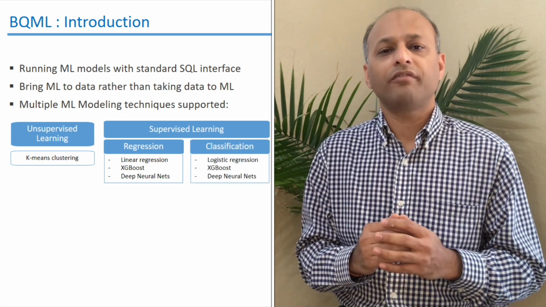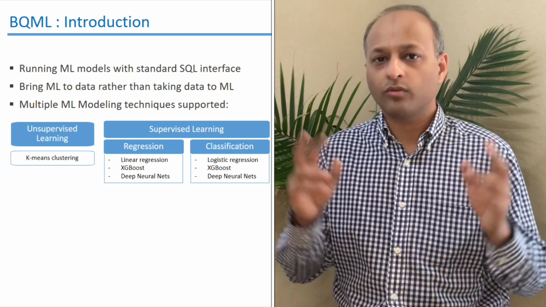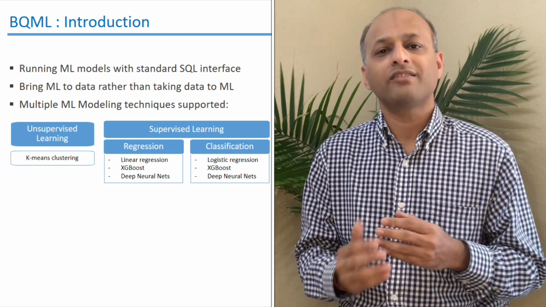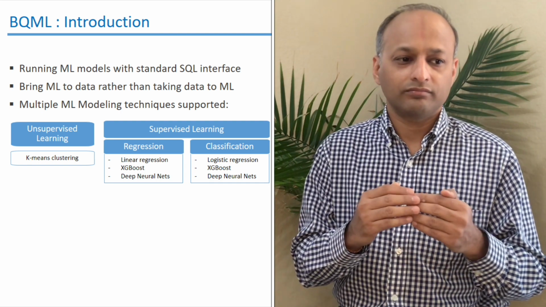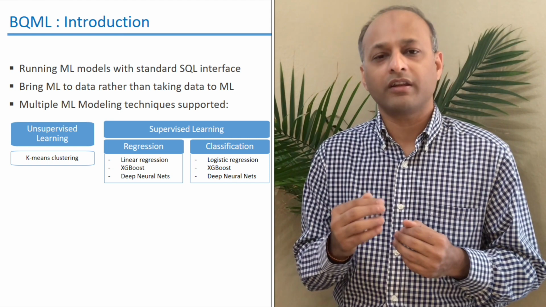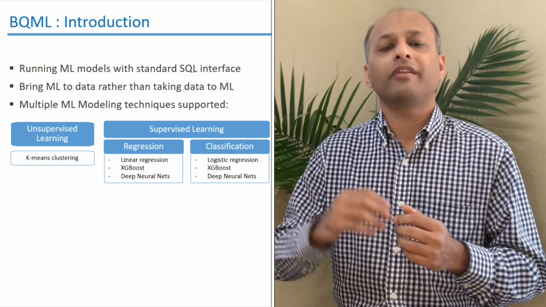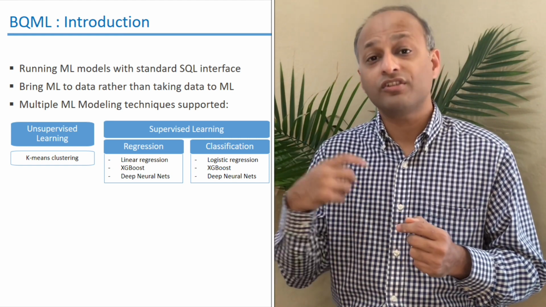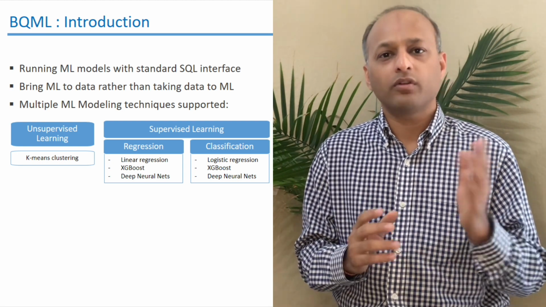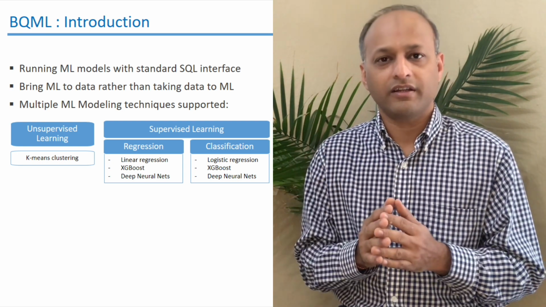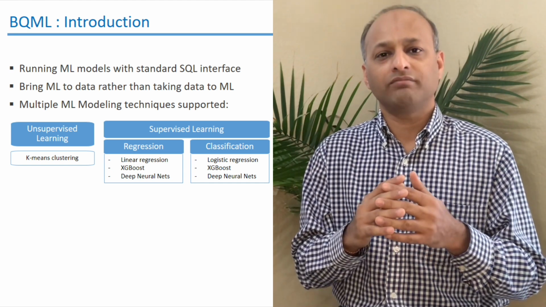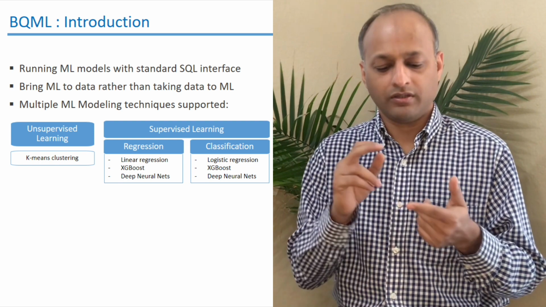Similarly, if you are working on a quote-unquote classification problem, where you are trying to classify borrowers, whether they will default or not, whether a customer will refinance or not, a customer will churn or not, right? Many different cases like that. For both regression and classification problems, it allows you to use regression techniques.